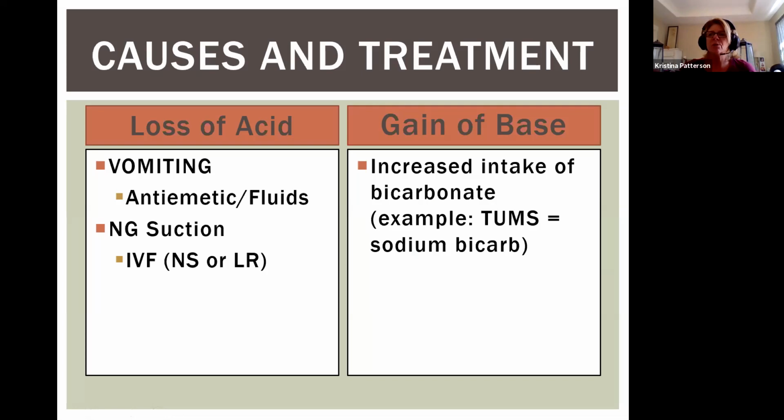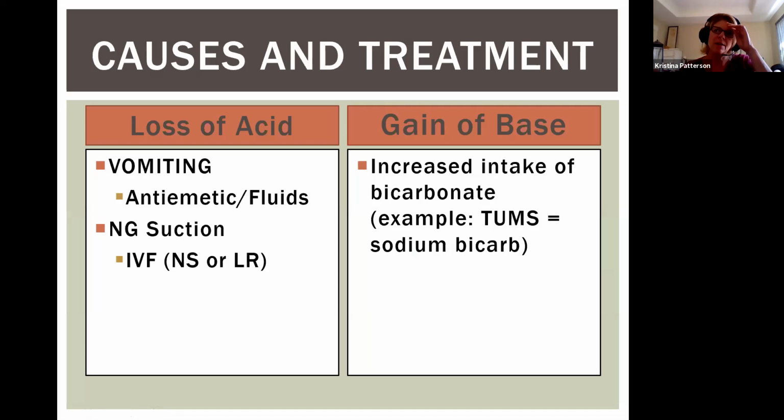Oh, okay. Actually, sorry, I was going to talk about metabolic alkalosis. Remember, we can get it because of a loss of acid, and we do that by vomiting or by NG tube suction. Or we can get it from a gain of base, which was increased intake of bicarb, like somebody who's taking too many Tums.